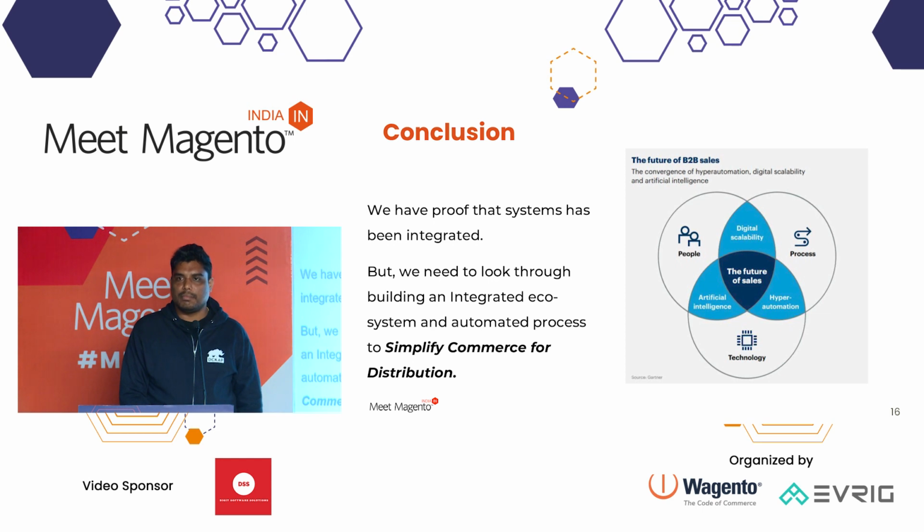Some distributors already want to go for a marketplace model, just like what Amazon is doing. They want to be like Amazon. 3M is a good example. 3M is trying to get their own marketplace, but I'm not sure if Magento is the right solution for a marketplace kind of model.